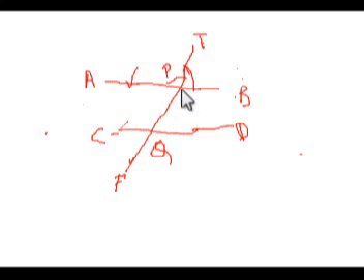Adjacent angles are always on the two sides of an intersector. This and this are also adjacent angles. Adjacent angles can be equal or cannot be equal. Here also there are two adjacent angles, and here too.